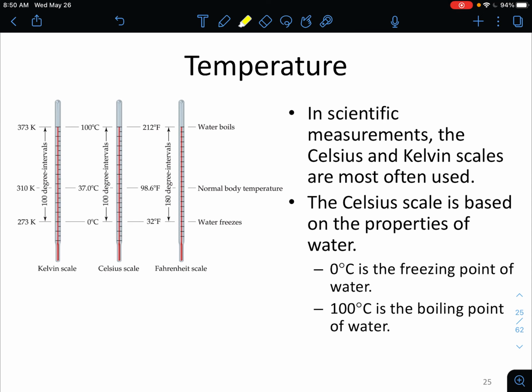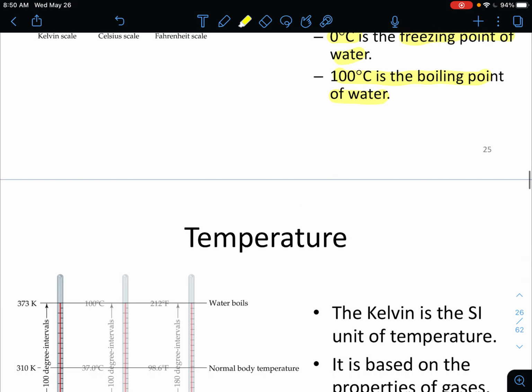Okay, so I think I already said this, we're going to be thinking about Celsius and Kelvin scales, not Fahrenheit. And like we said, 0 Celsius is the freezing point of water and 100 Celsius is the boiling point of water. That's the basis of that scale.